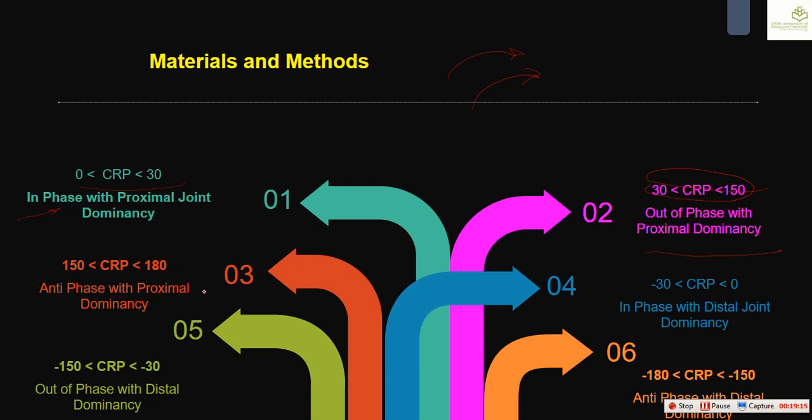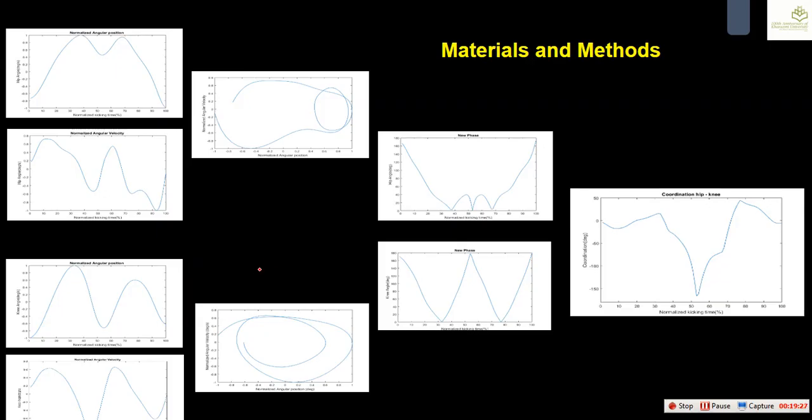And we can see the other meanings of the CRP. This is a schematic explanation of the calculation of CRP. This is for the hip joint and this is for the knee joint. This is the theta and omega, meaning joint angle and angular velocity of the hip angle.